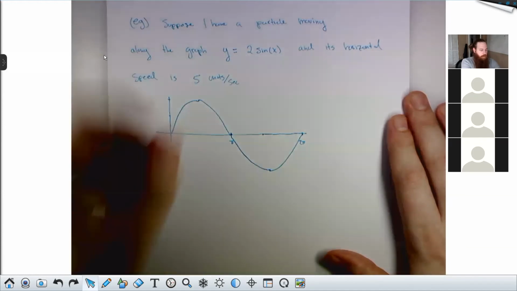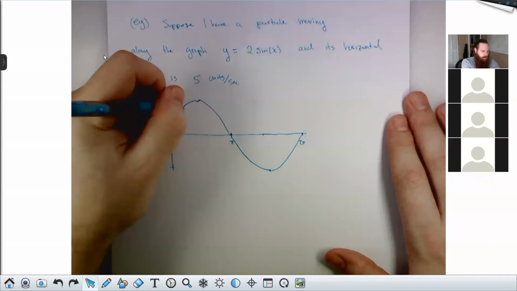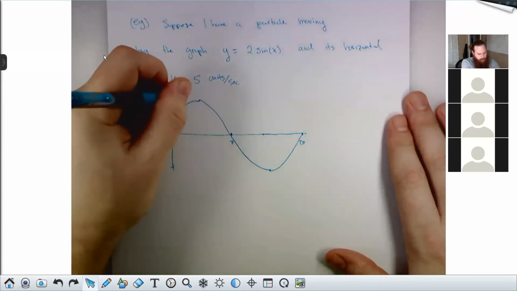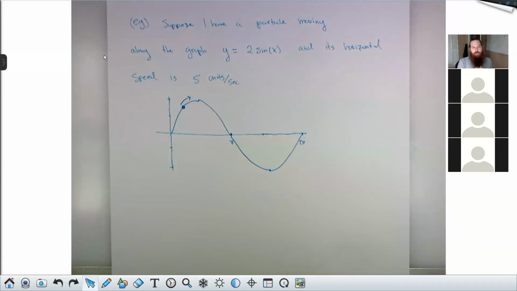All right, so I've got a little particle and he's chilling on this graph and he's moving along the graph and his horizontal speed is always 5 units per second.